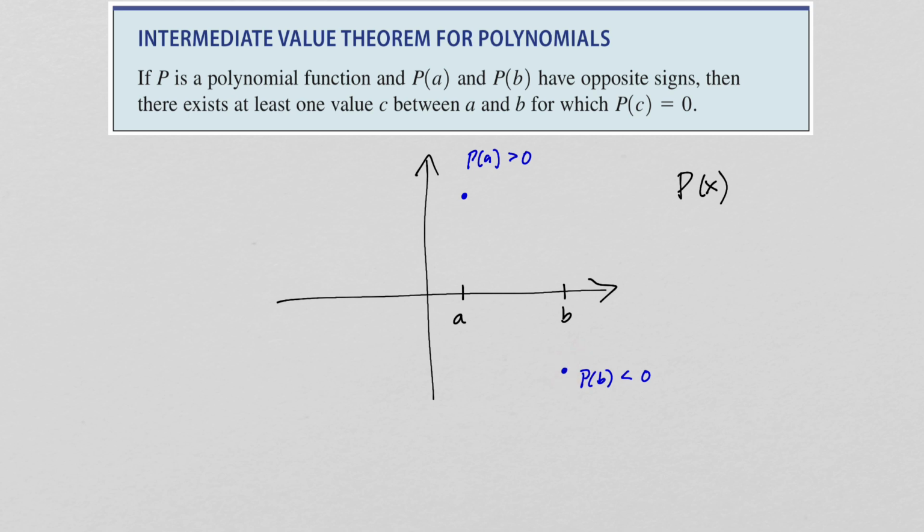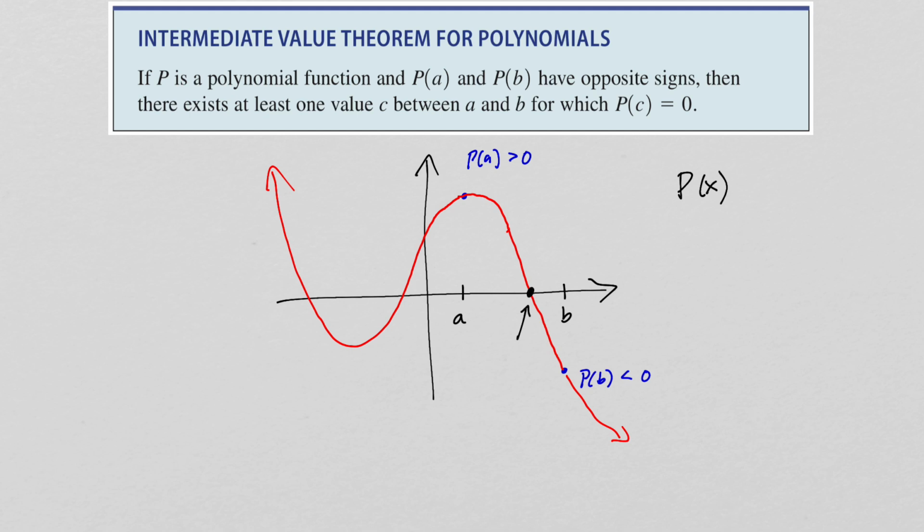But we also know that polynomials are smooth and continuous. So let's suppose I'm graphing the polynomial and it looks something like this, okay? To get to this point down here, I'm going to have to cross the x-axis, aren't I? Right? No matter how the polynomial looks after that, to get from this point down to this point, we must cross the x-axis at some number between a and b.